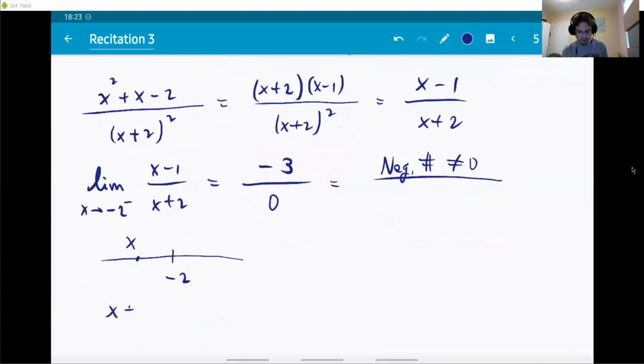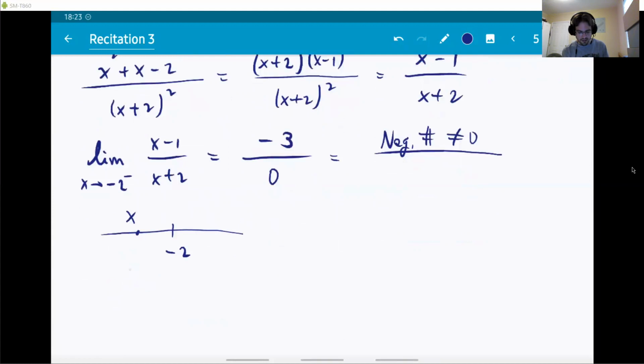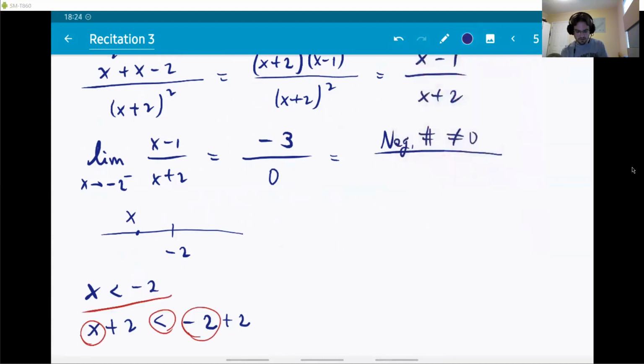Just think of it this way, because x is less than -2, and the number that you're trying to understand is x plus 2. This is going to be less than -2 plus 2. So I am simply replacing this x with -2 with the less sign, which was given above. And -2 plus 2 is 0. So x plus 2 is negative in this case. Negative number, small, approaching 0. Negative over negative is positive.